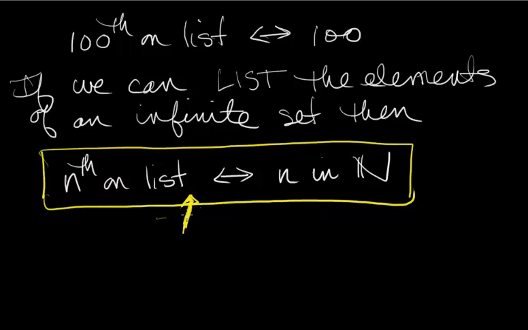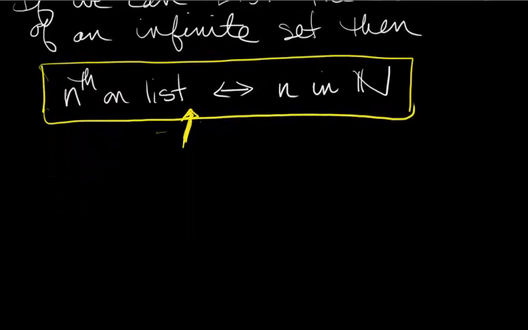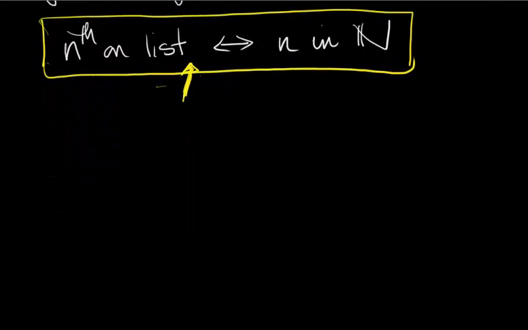One thing we did discuss that I'd like to mention in the video is on Friday we showed something very strange about infinite sets. So let's say I'll put Friday's class.